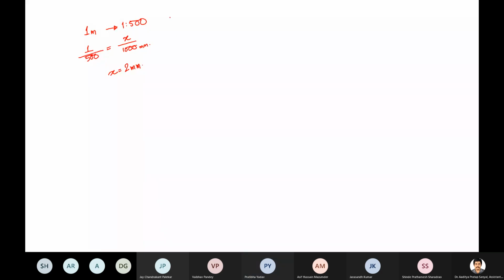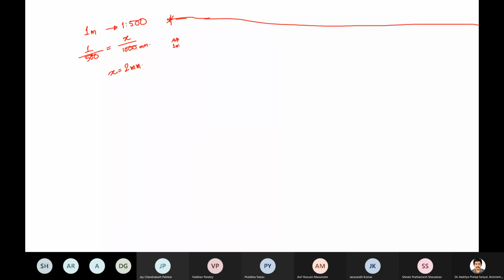So whatever was 1 meter, which would be outside this sheet of paper, is now 2 mm.